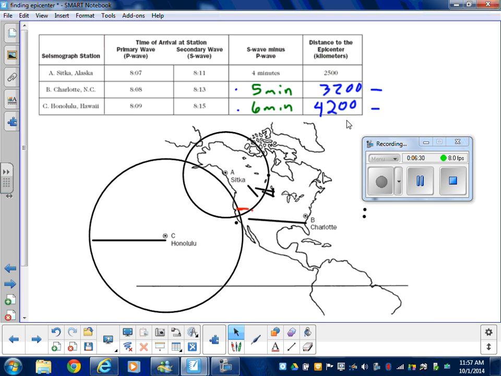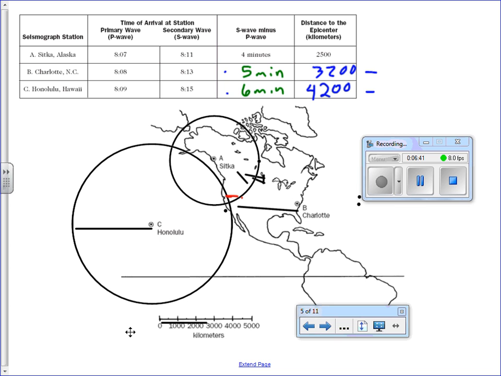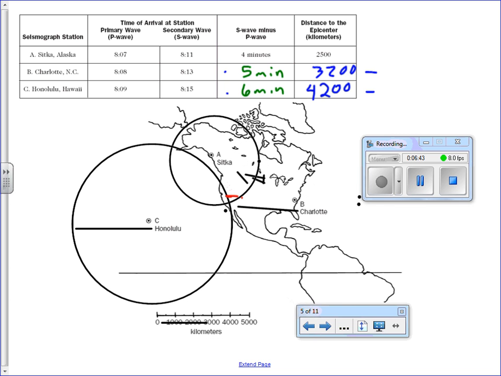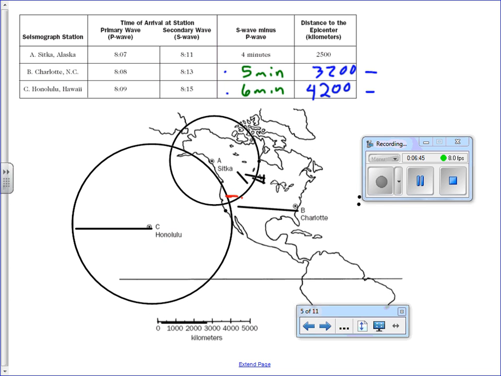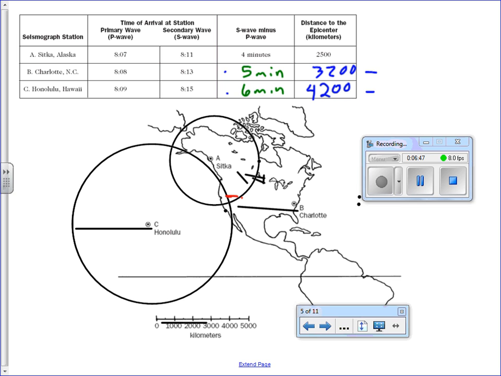And then you use your compass, and using the scale on the bottom of the map, you can see how big the epicenter area should be. So you make yourself a line for that distance. This line here is about 2,500 kilometers. 2,500 kilometers was the distance for Sitka, Alaska.